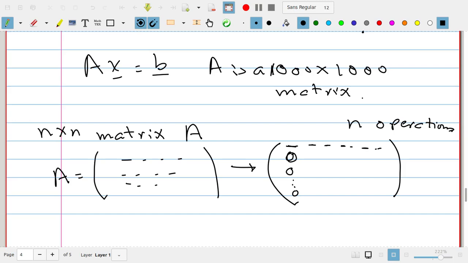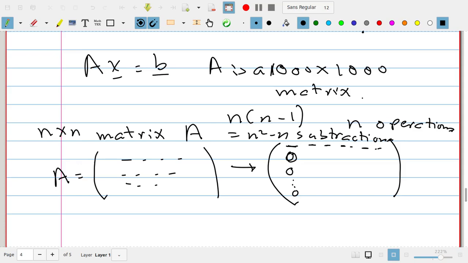So for each row there are n numbers being subtracted, and there are n minus 1 rows that you need to subtract from. So that gives n square minus n subtractions.